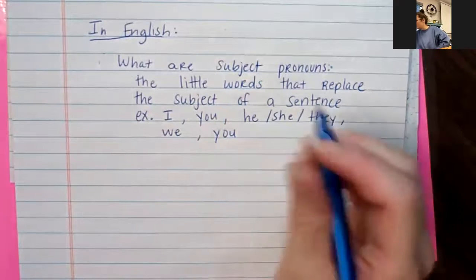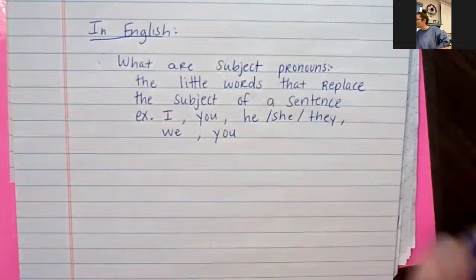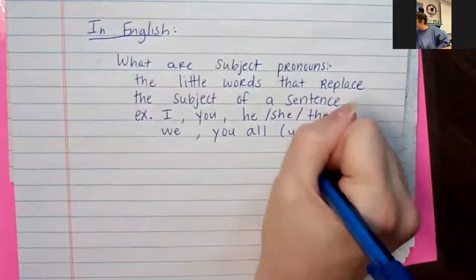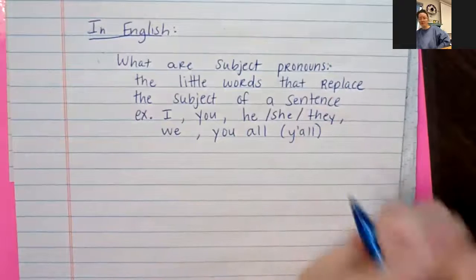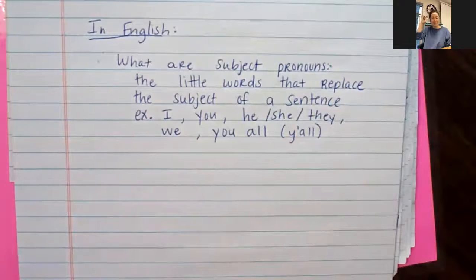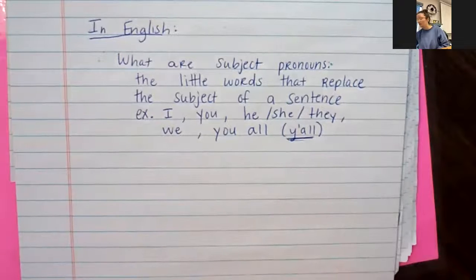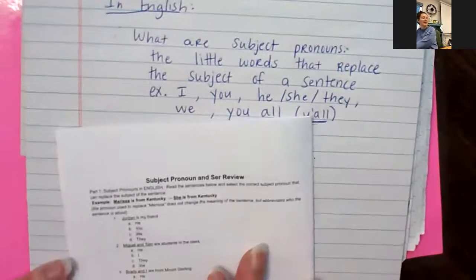But a way that we say you, plural, in Kentucky is you all, or y'all for short. So you guys will definitely see me using y'all on your worksheets, just because that is a term that we are familiar with, and it makes understanding you, plural, a little bit simpler.